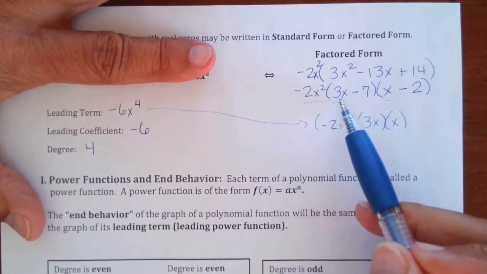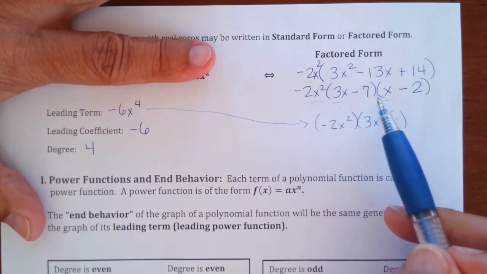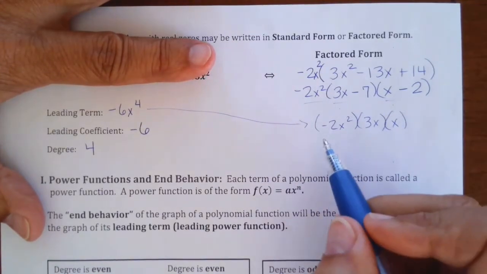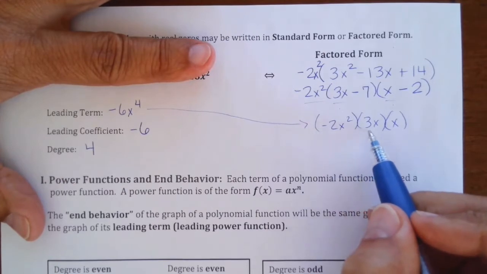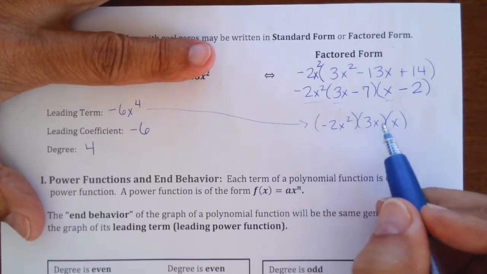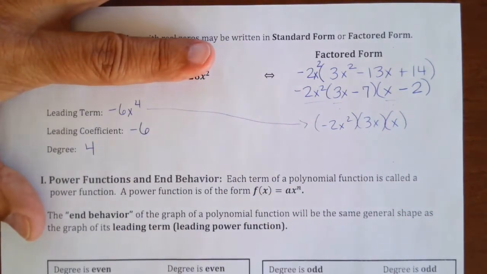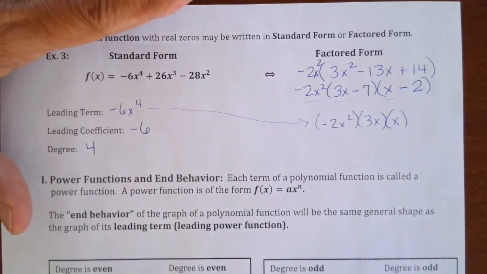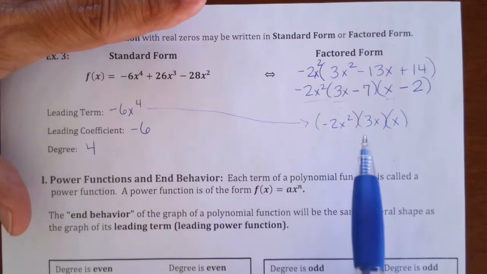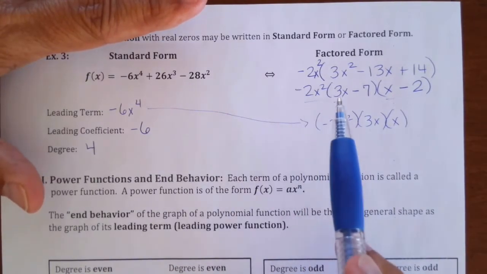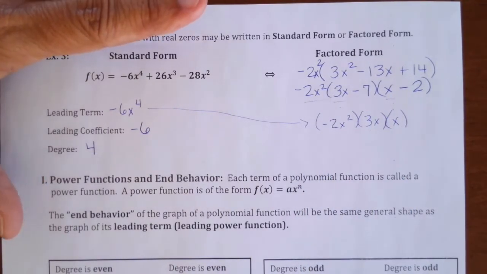So I'm taking each of the first parts of those, and if you multiply that out, negative 2 times 3 is negative 6, and then remember you add your exponents, so 2, 3, 4, that gives you this right here, okay? So a little bit harder to do here, but it's definitely doable. Just remember, you take the beginnings of each factor and multiply those together.